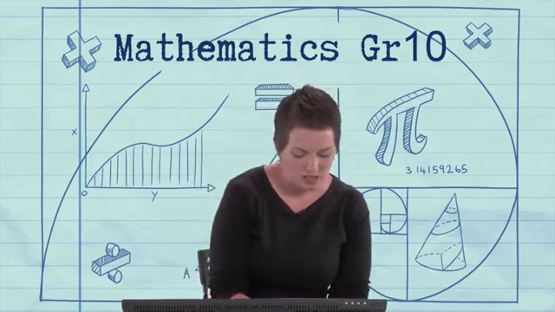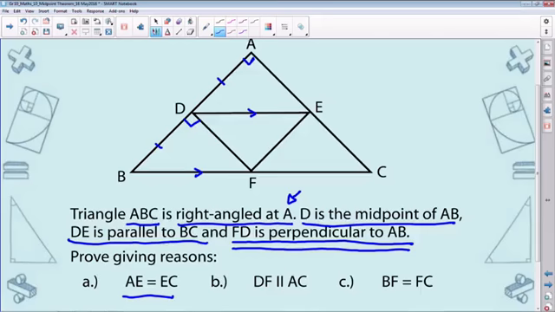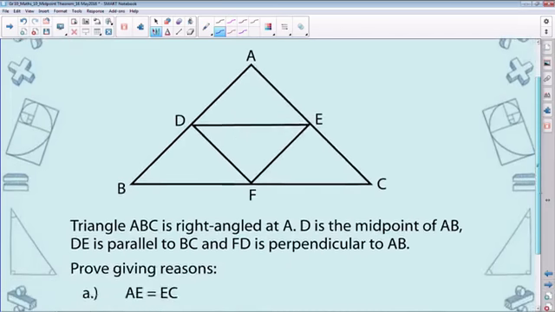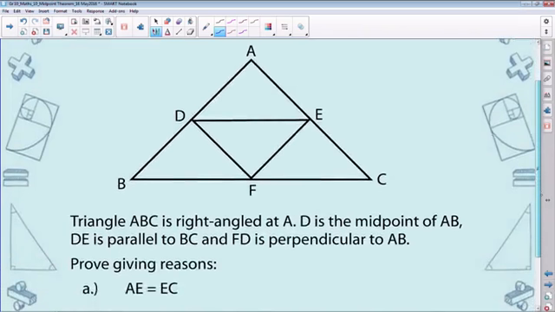The first question asked us to prove AE is equal to EC. So I'm going to open up a new slide where I have just that question written down. And we knew that that was equal to that, and we were told that that line was parallel to that, and we were told we had a right angle there and there.